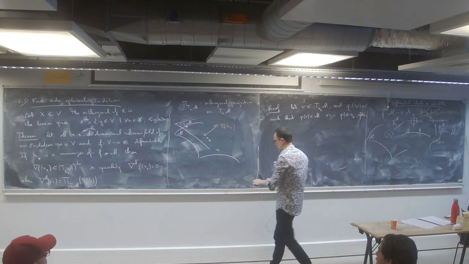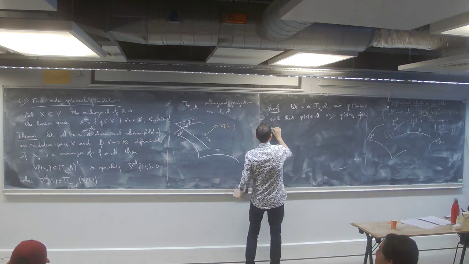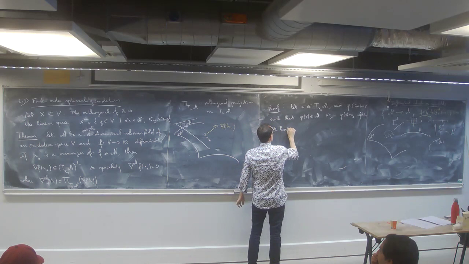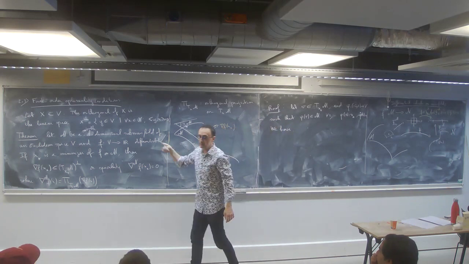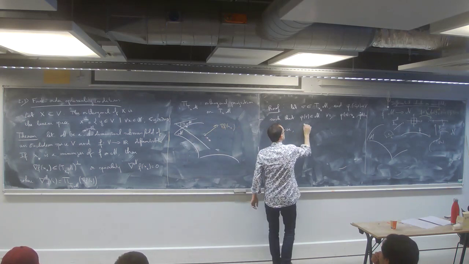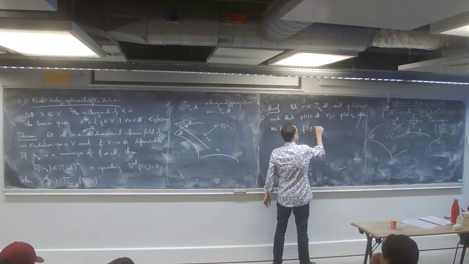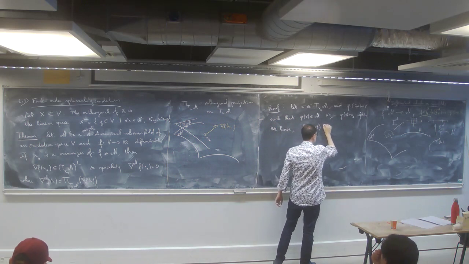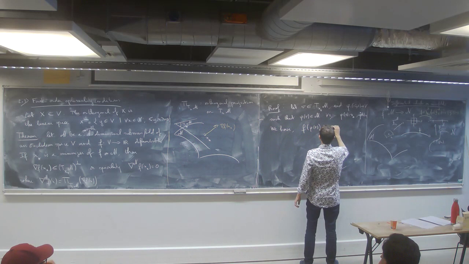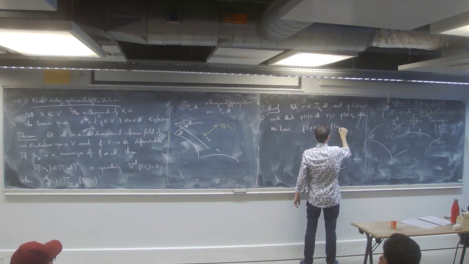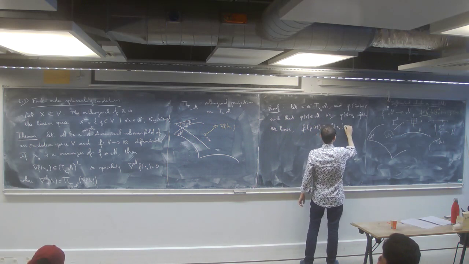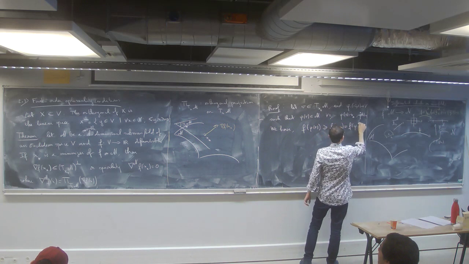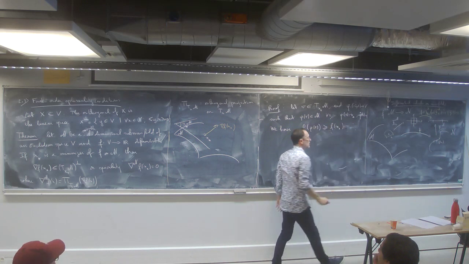Because x star is a minimum, we have that f of phi of t is always greater or equal to f of x star.